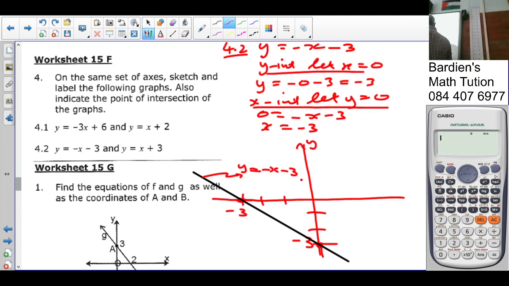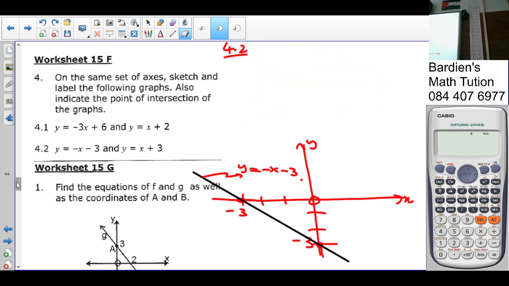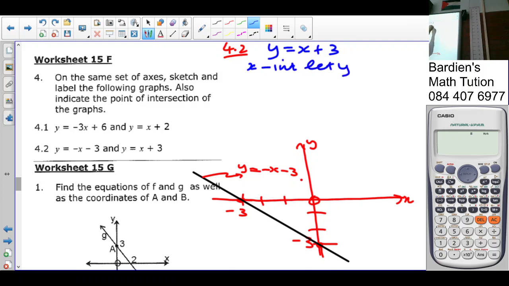Remember, that's your y and this is your x here. So what do we do here after? Now the equation. So we say the equation is y is equal to x plus 3. So, x-intercept, what do we do for x-intercept? Let y equal to 0. So 0 is equal to x plus 3.